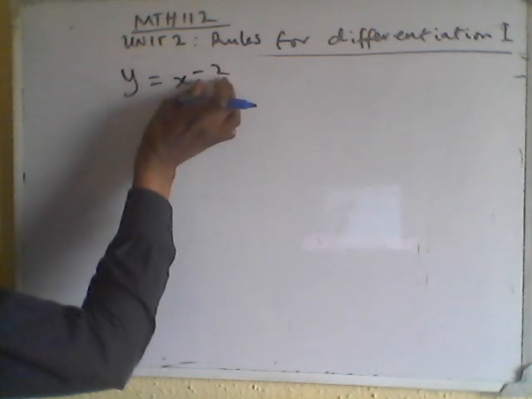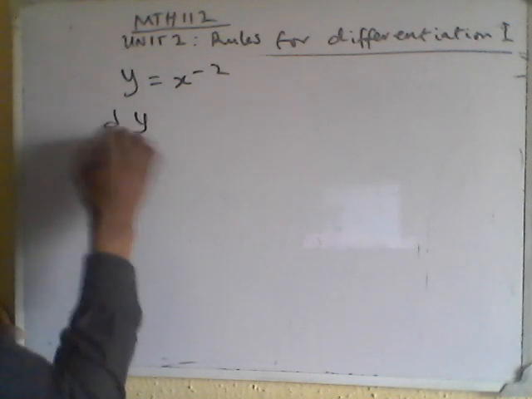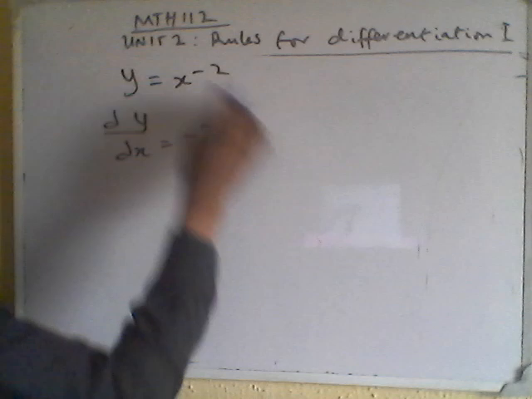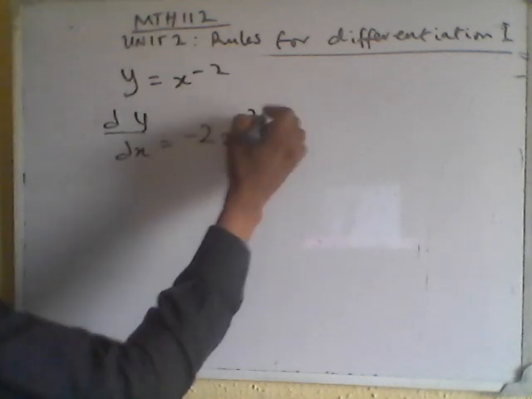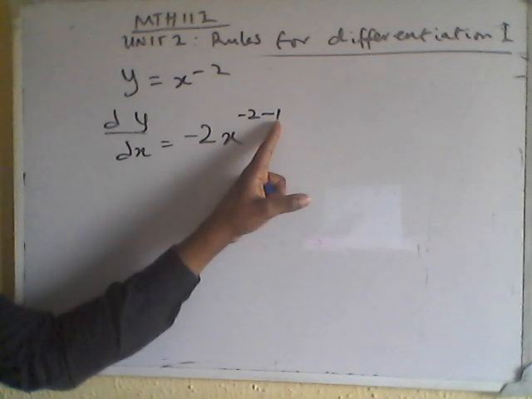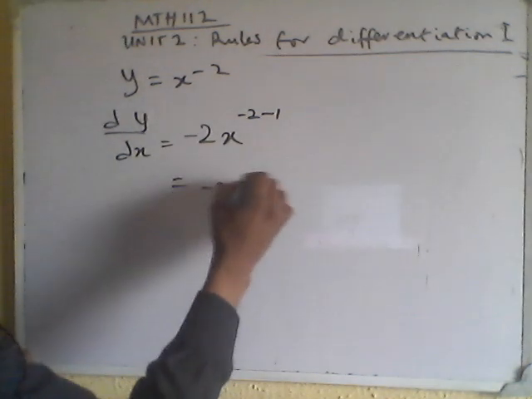So minus 2 will come down to multiply 1. So I have dy dx is equals to minus 2 here, then x. Then this minus 2, at the same time, reduced by 1. So minus 2 minus 1 is minus 3, right? So I have the answer minus 2x raised to the power minus 3.